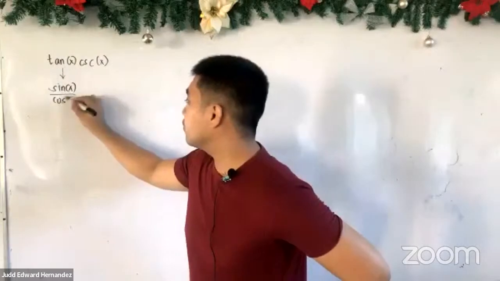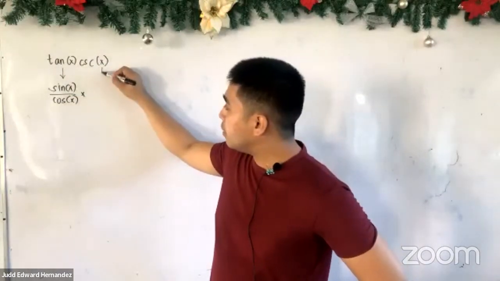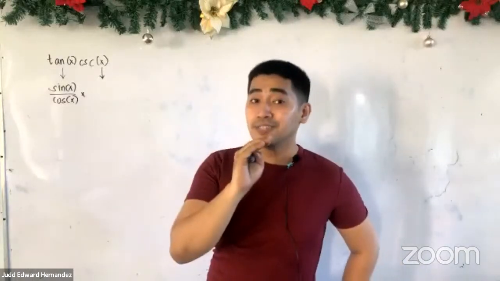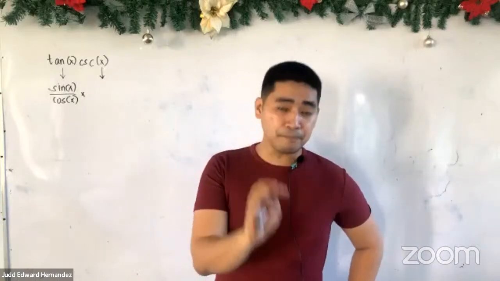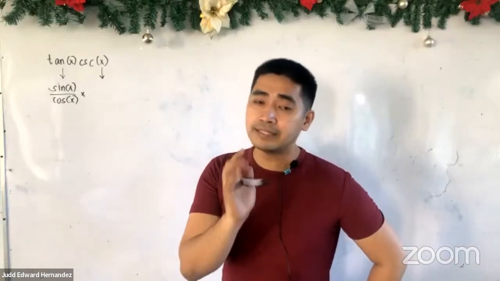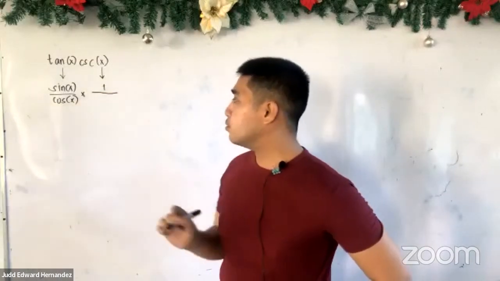Sine of x over cosine of x. And then multiply that to what is the equivalent value of cosecant of x na merong sine or cosine? We could say that cosecant of x is a reciprocal identity, and it is equal to 1 over sine of x.